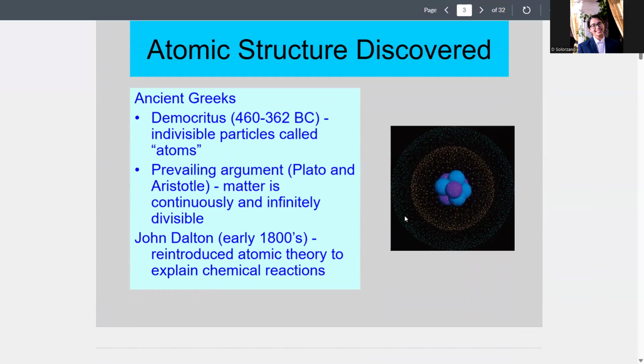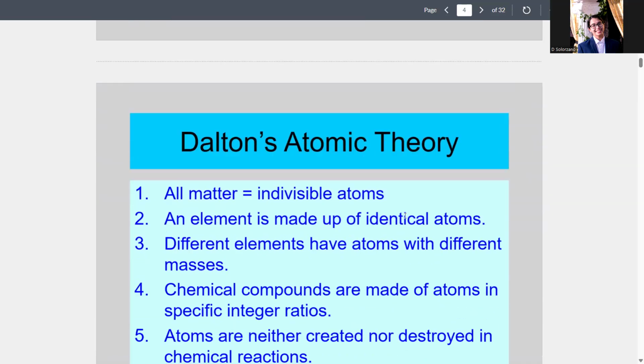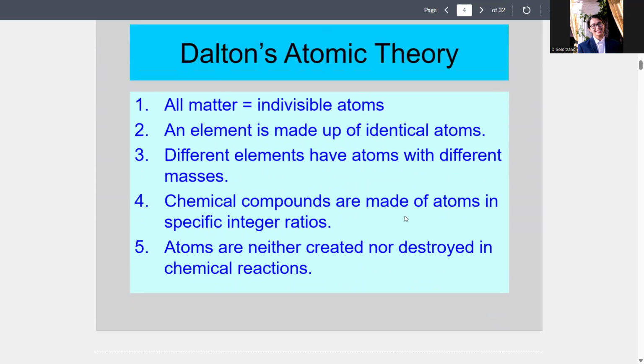Dalton picked this back up, or he was the most recent one to first think about atomic theory. And he did this because he was looking at chemical reactions and he saw a few different things, but he also figured that in order for chemical reactions to happen, there must be atoms.